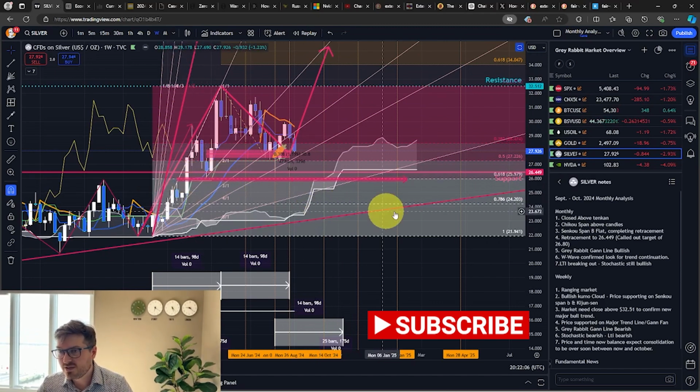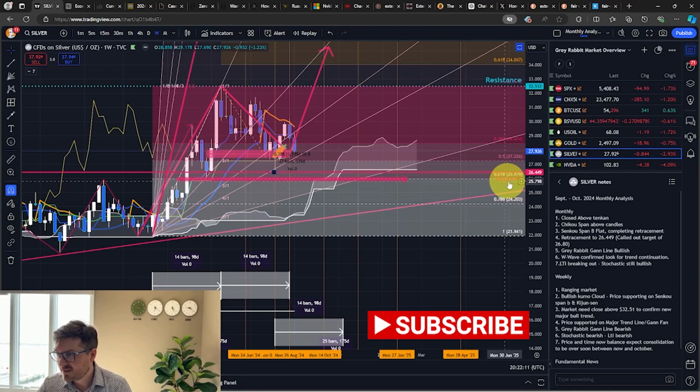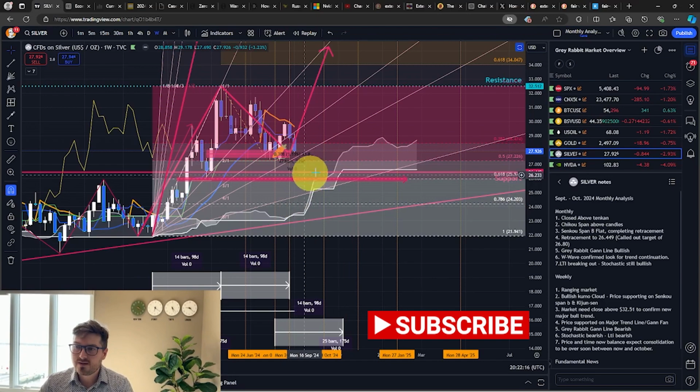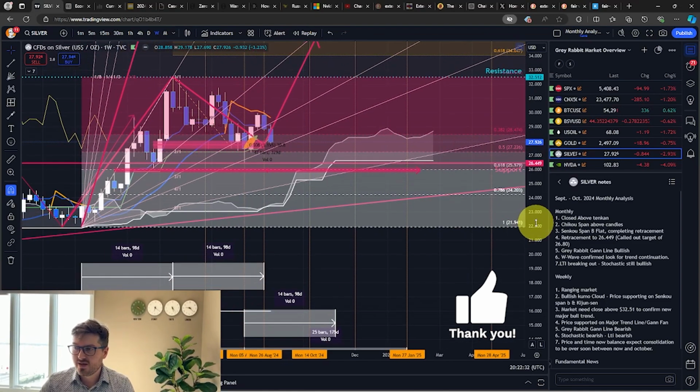That's where I'm going to be looking to possibly add on to my positions. So this is at the $25.97 level. But overall, we're going to be looking for this double bottom, which I think is going to happen closer to this GAN fan angle here, the 4-to-1. So expect one more touch on this 0.5 level at least, maybe a wick down to here, and then the move to continue back up.